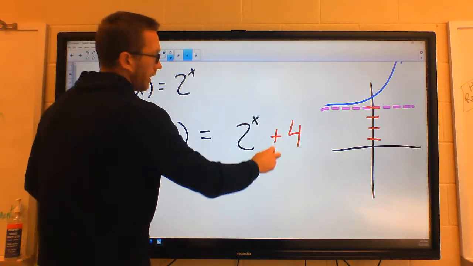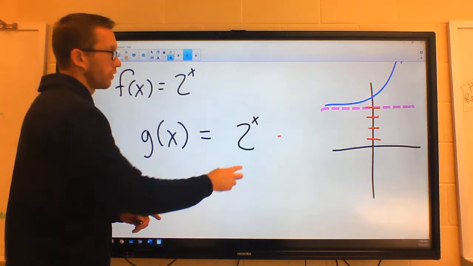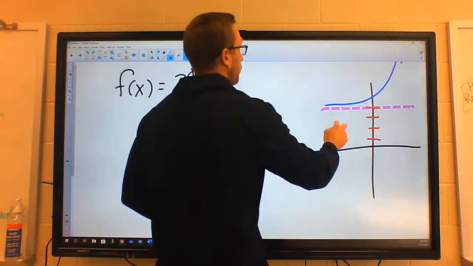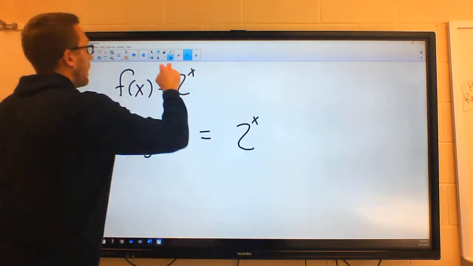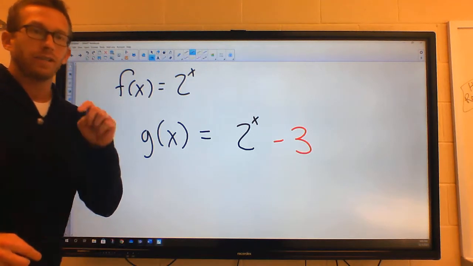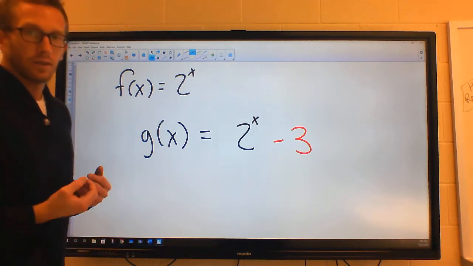So shifts out here that we add are vertical shifts up or down. So that last one was a shift up 4, and that's the picture representation behind this, okay? So if we had -3, this would be a shift down 3, all right?